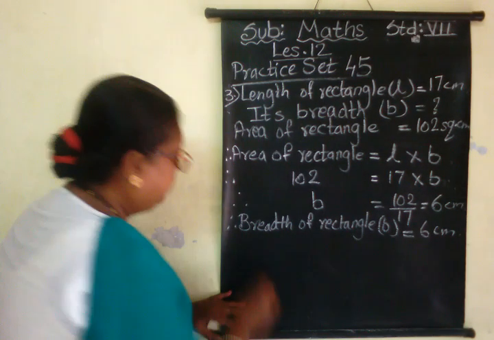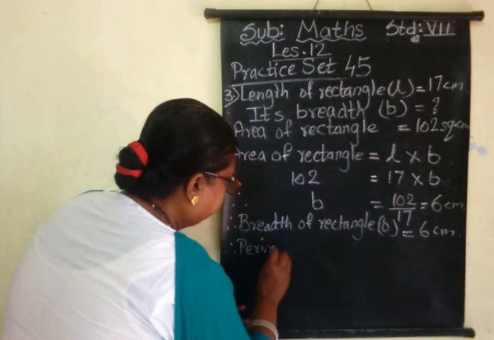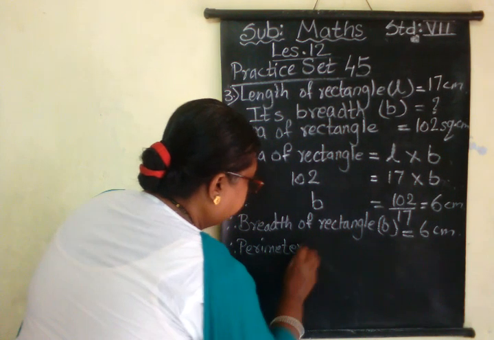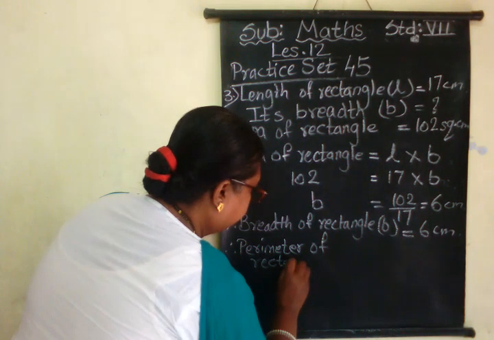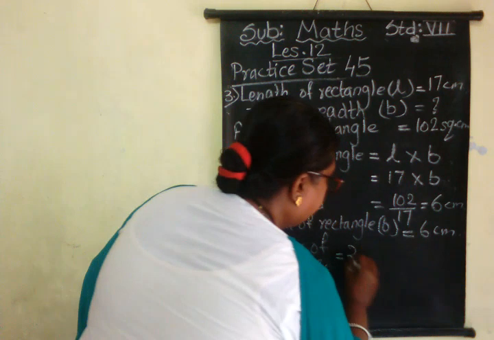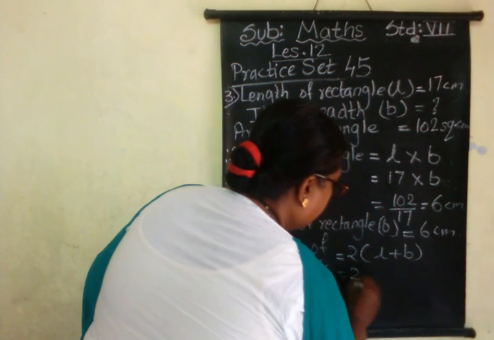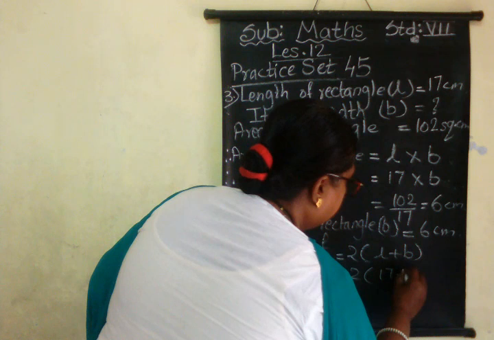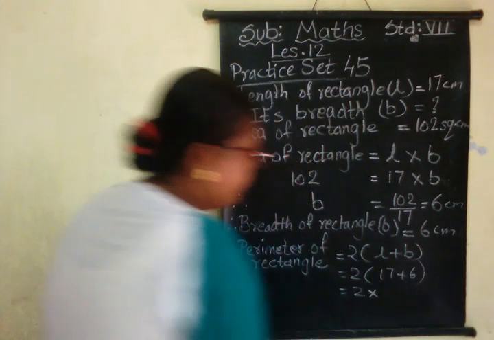Now we have to find the perimeter. Therefore, perimeter of rectangle is equal to twice L plus B, which equals twice 17 plus 6, which is equal to 2 multiplied by 17 plus 6.